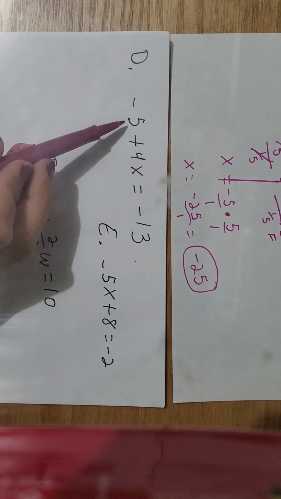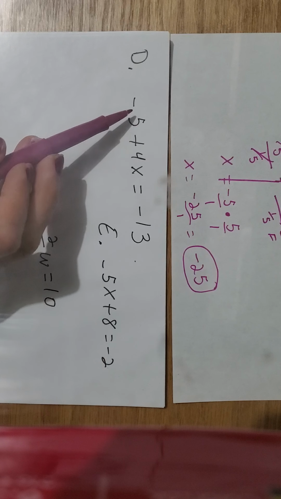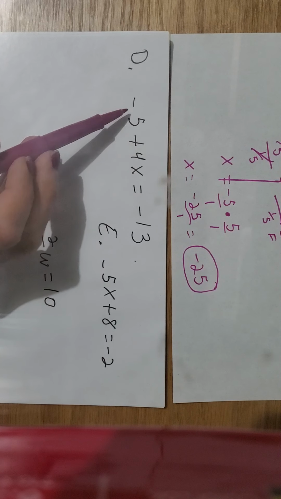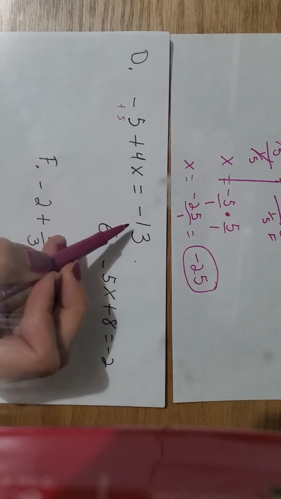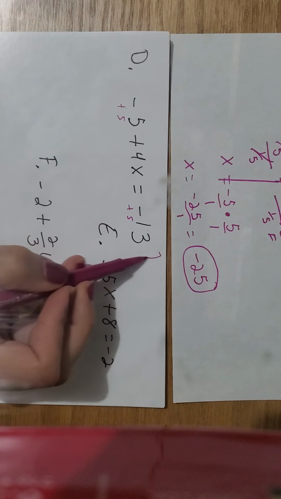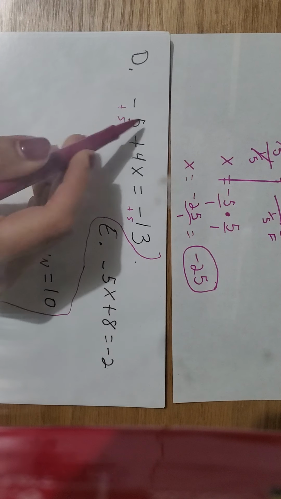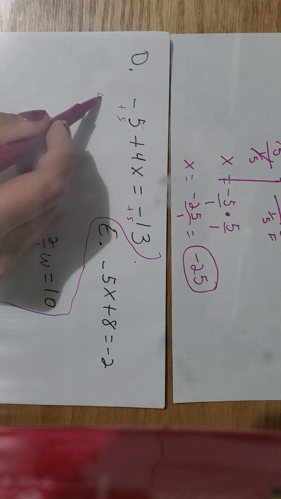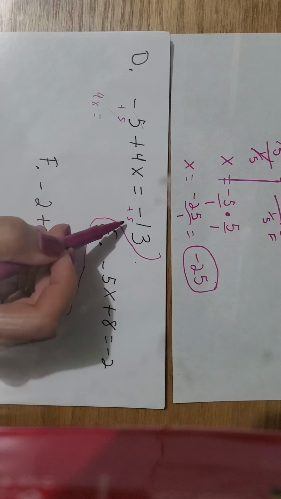So on D, you have to focus first on the constant, right? The number alone. This is a -5, so you will have to do +5, +5. So that's gone. Now you have 4x equals -13 plus 5.